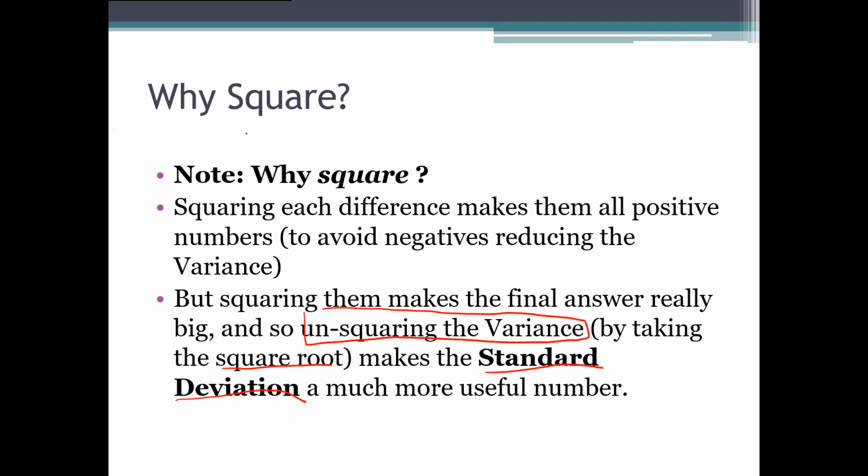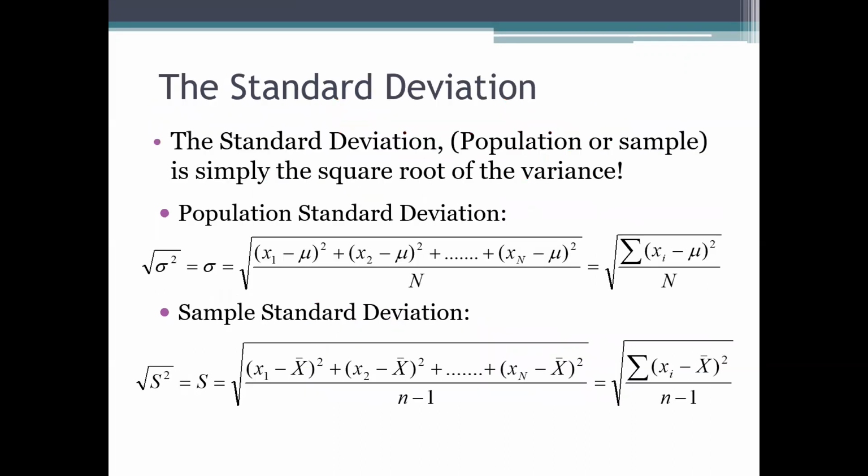So all I'm hinting at here is the standard deviation undoes the square, or it's just the square root of the variance. Square root of the variance. So we just denote them as this. There's a population standard deviation, just denoted as sigma because you square root the variance, you square root sigma squared.